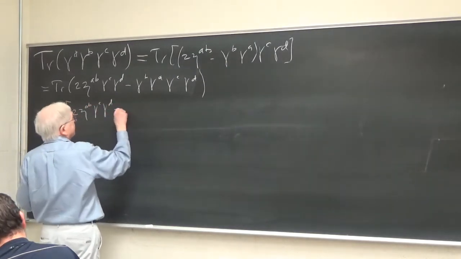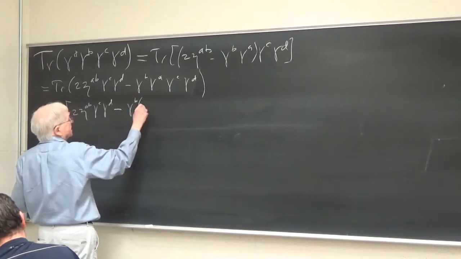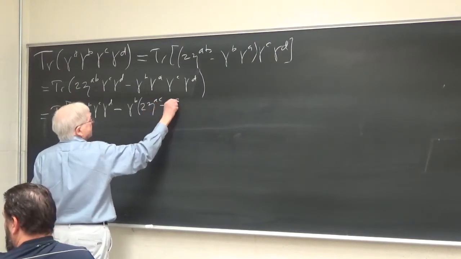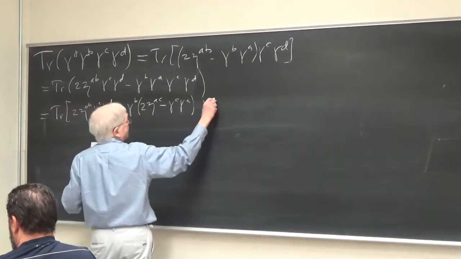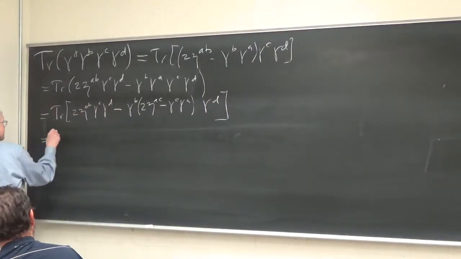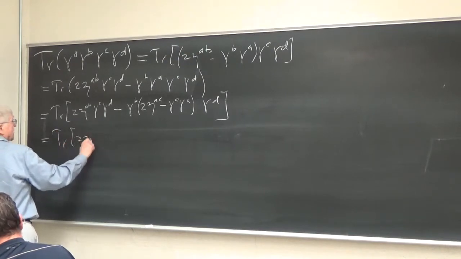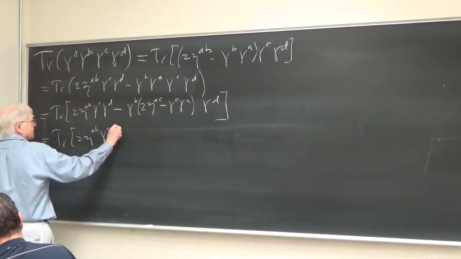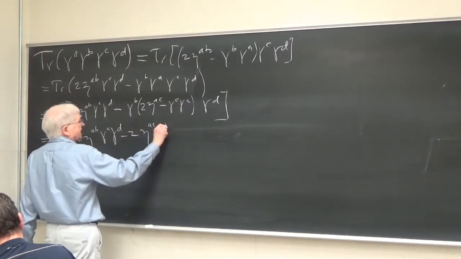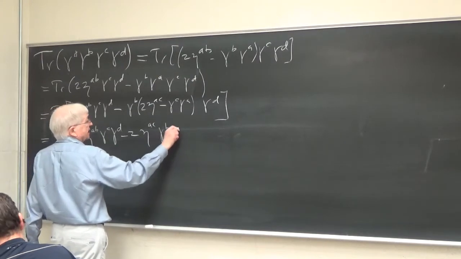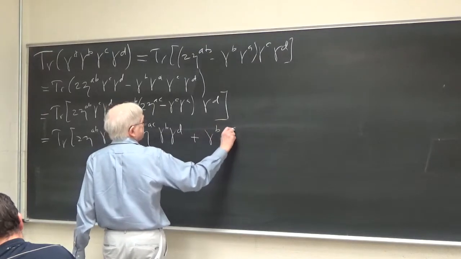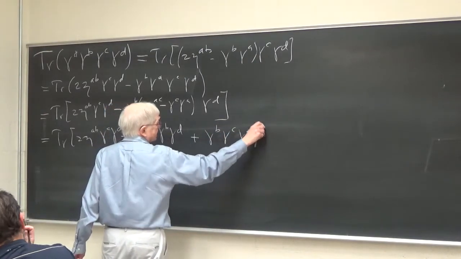And then we're going to write that as minus γ_B 2η_AC minus γ_C γ_A γ_D. And so this gives us trace 2η_AB γ_C γ_D, minus 2η_AC γ_B γ_D, plus γ_B γ_C γ_A γ_D.